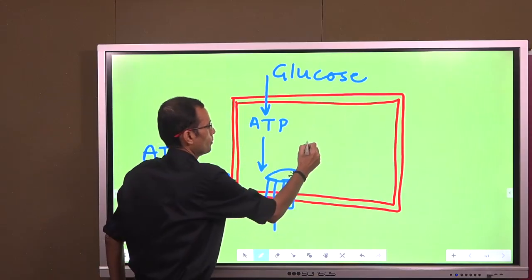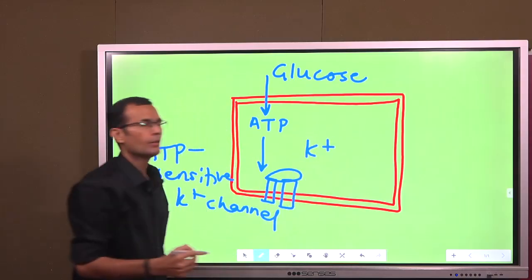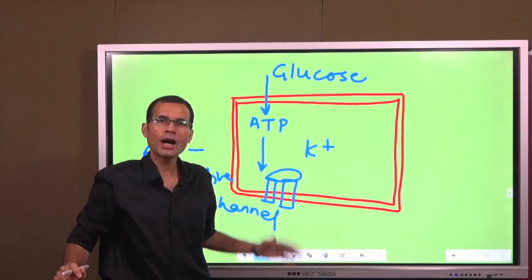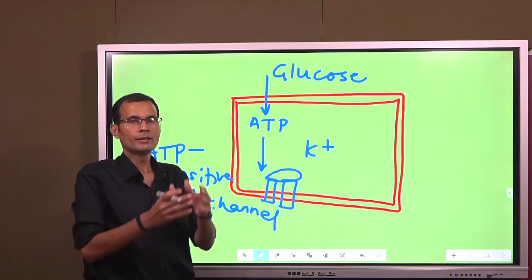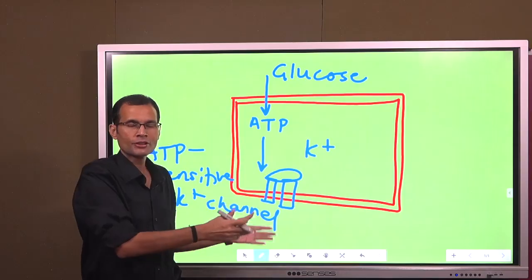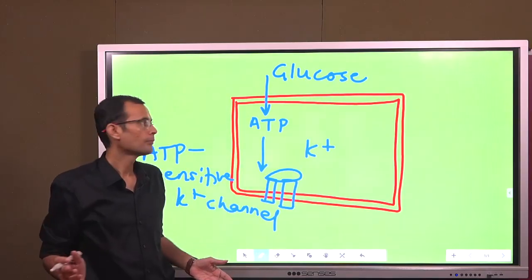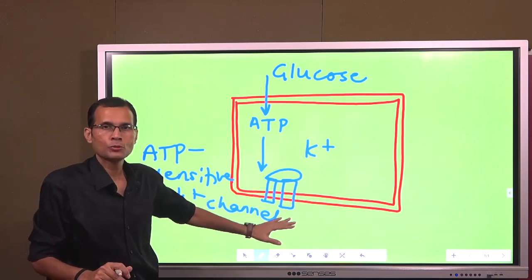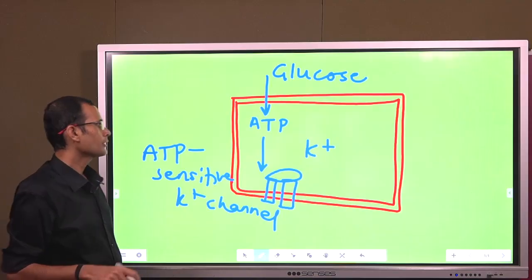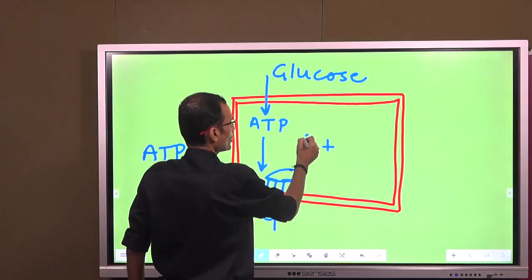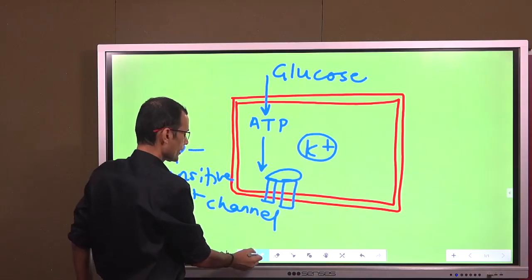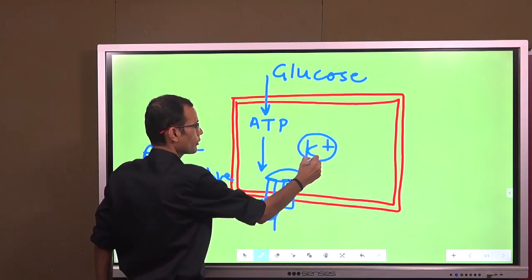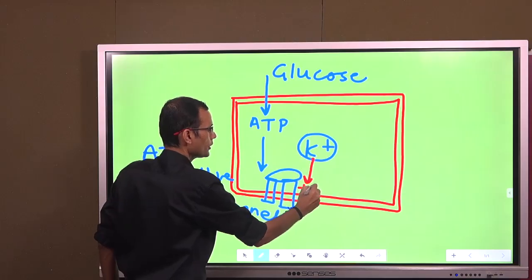Now, potassium, which is expected to go out through its channels, because potassium has a concentration gradient from inside to outside, cannot go out because the ATP sensitive potassium channel is closed. Therefore, the potassium just comes from the center of the cell near the membrane.